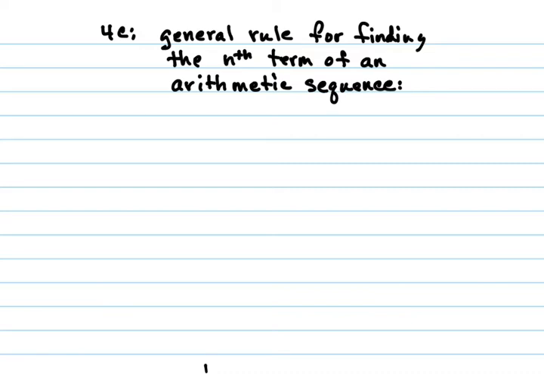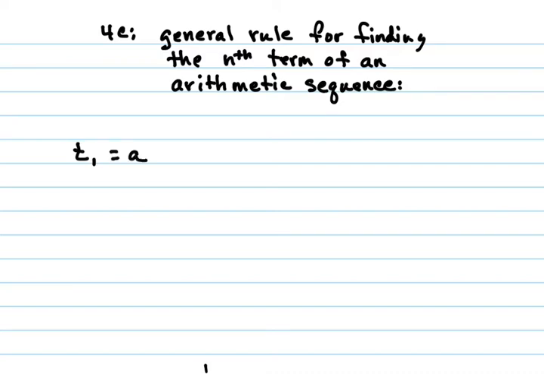So I don't expect you to derive this formula, but I do expect you to know how it was derived, where it came from. And we know this instinctively if you think about it. We call the first term A, right?